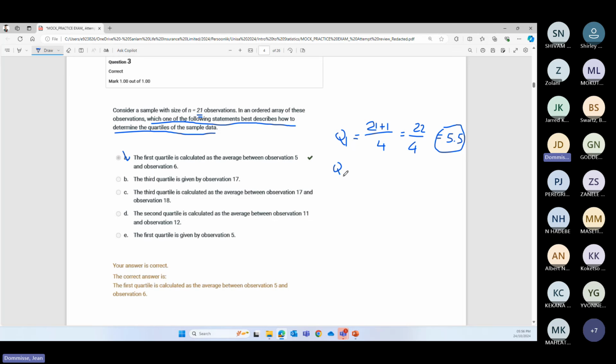Let's just check. Q2 will then be 2 times (21 plus 1) divided by 4.